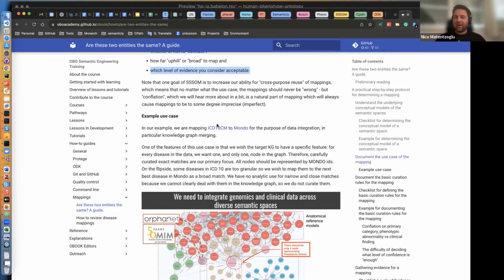That's a fantastic, absolutely fantastic question. This is actually the core message that we try to get across with standardizing our mappings and enriching our mappings with metadata.